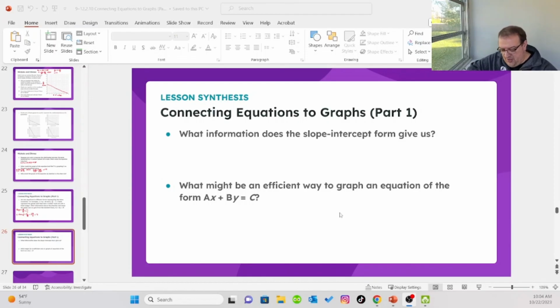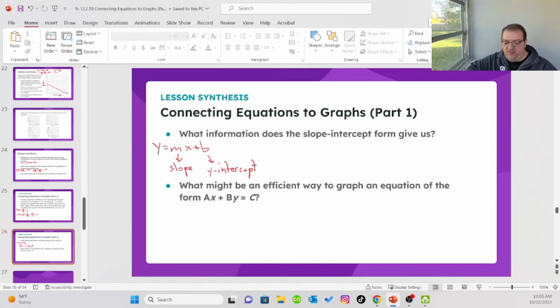Well, the slope-intercept form is y equals mx plus b. And in slope-intercept form, m is our slope and b is our y-intercept.